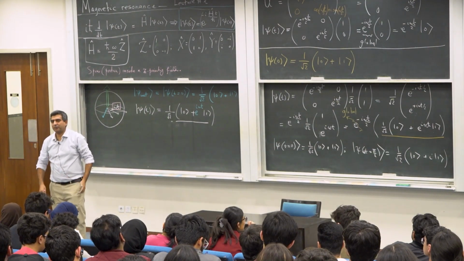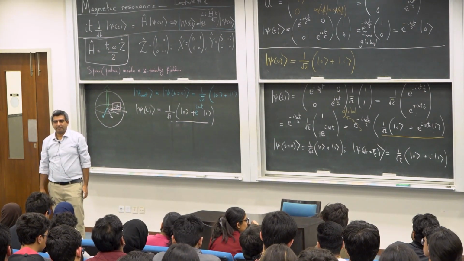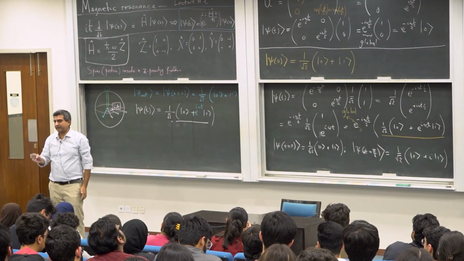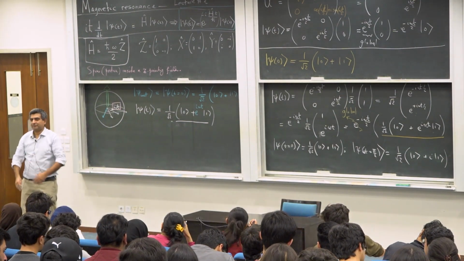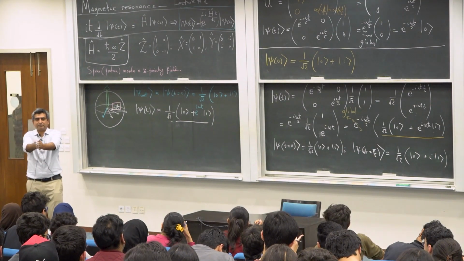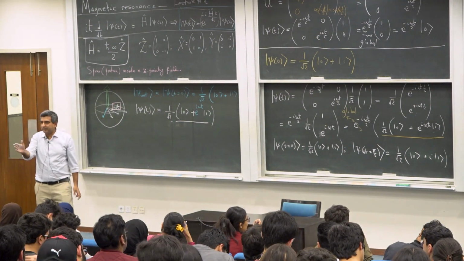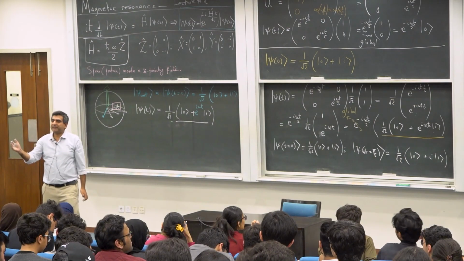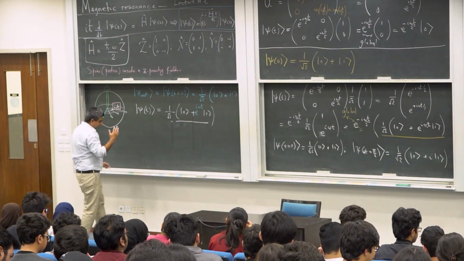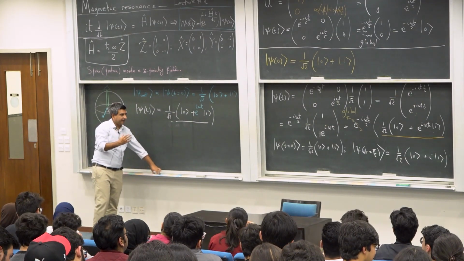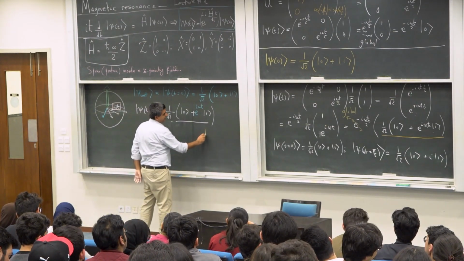Now what is that frequency, omega? It's gamma B. It depends upon the magnetic field. Stronger field, faster frequency. So this spin is now precessing inside the magnetic field. This motion of the quantum state of the spin is called precession.